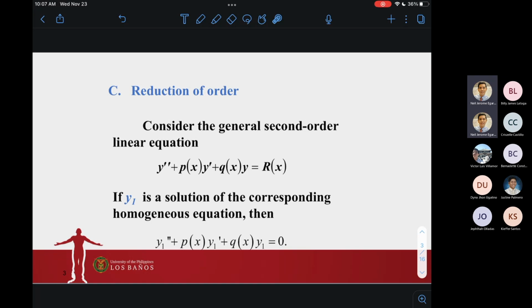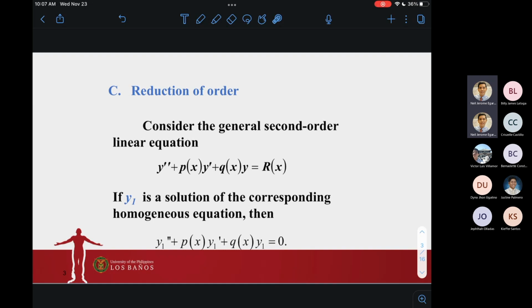Tapos masaya na tayo kapag nasa first order differential equation na tayo, kasi kapag first order na yung differential equation natin, pwede nating isolve yung problem using an integrating factor. Right? So gagamitin natin yung methods na na-discuss natin before, specifically the method of integrating factor para ma-solve yung reduced GLDE.